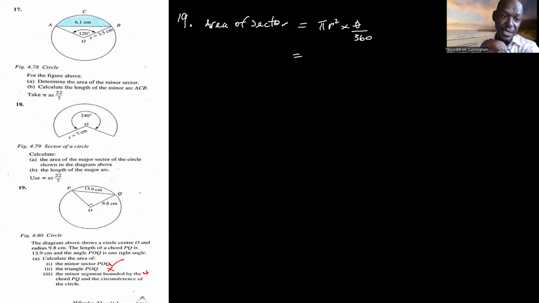Everybody using pi as 22/7. Right, so you're using pi as 22/7. And you could put your answers in the chat for the minor sector. I'll look at it now.